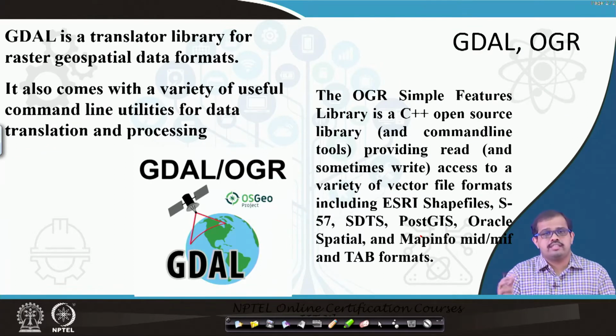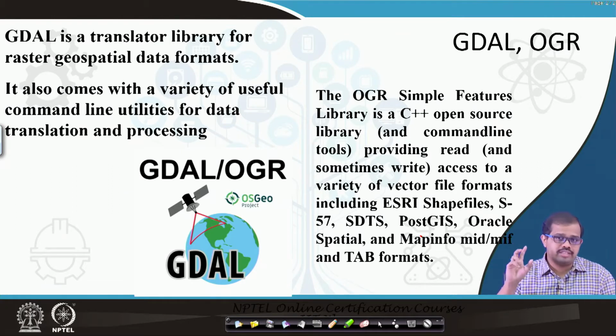The next thing is GDAL. GDAL is basically a translator library for raster geospatial data formats. When I say raster geospatial data formats, it handles effectively the raster model. It also comes with a variety of useful command line utilities for data translation and processing.